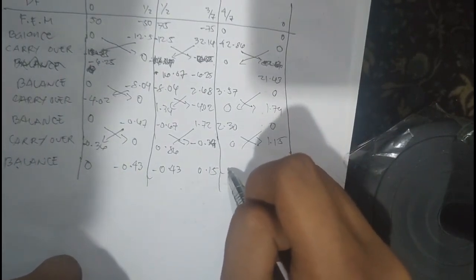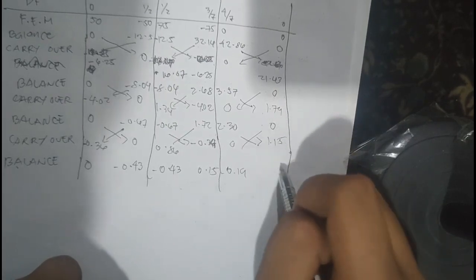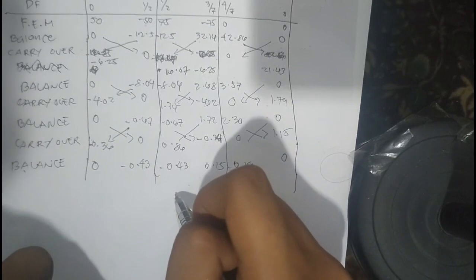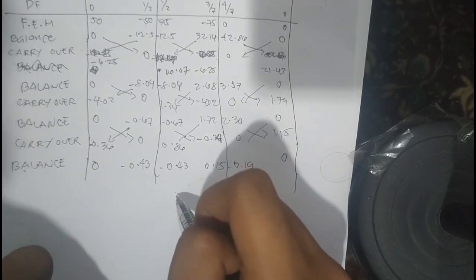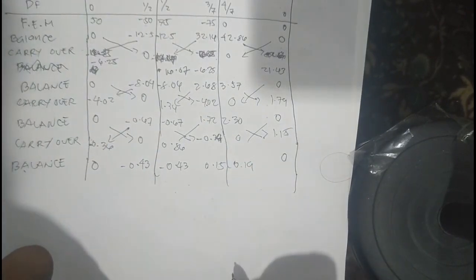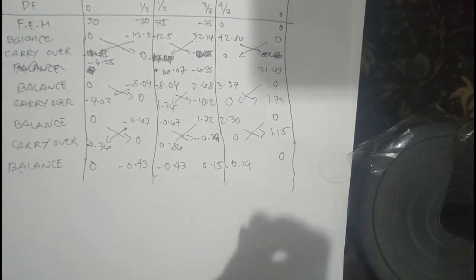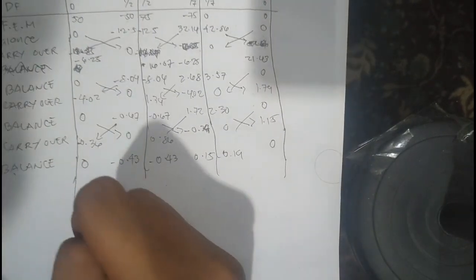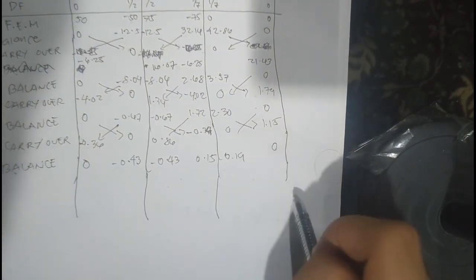For 4 over 7 times 0.34, so 0.19 and 0. So pwede na siya. Since kamay naman siya, pwede na ito siya i-total.